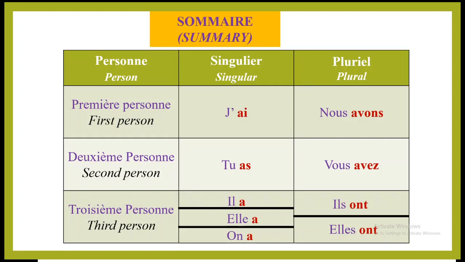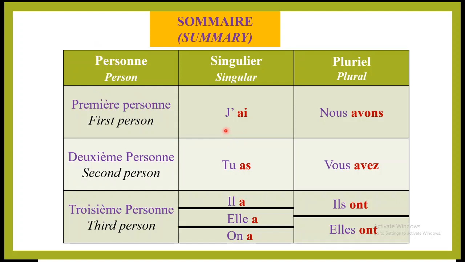Sommaire, summary. So you have personne, that is première personne, deuxième personne, troisième personne, singulier et pluriel. The persons are je, tu, il, elle, on, that is singulier, and pluriel we have nous, vous, ils, elles.